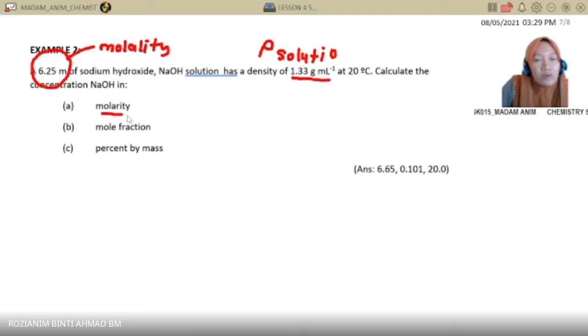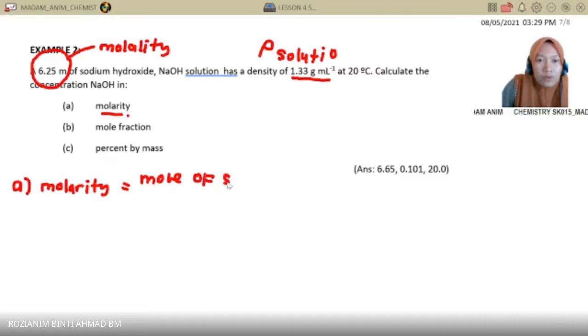So dia nak molarity. Okay, kita clarify dulu. Who is molarity? So we know that molarity equal to mole of solute dissolved in 1 liter solution.